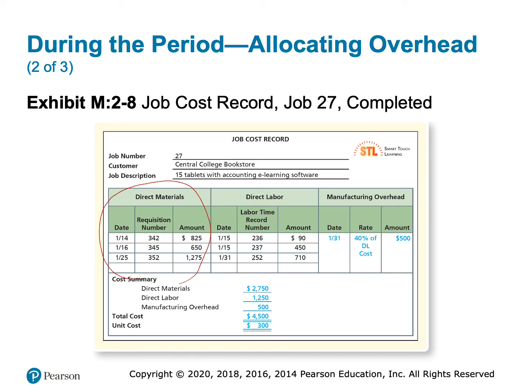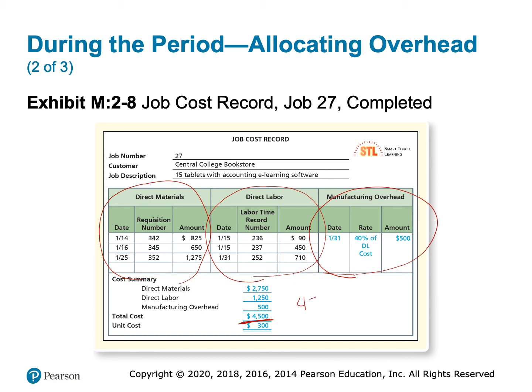We can see their labor time right here, and then we allocated the overhead by multiplying the actual amount of direct labor by the overhead rate to get the amount of overhead applied. So the total cost of job 27 was $4,500, and this $4,500 was for 15 tablets.